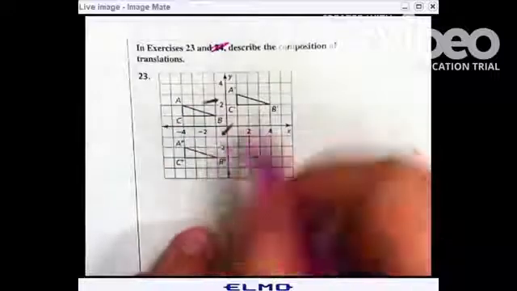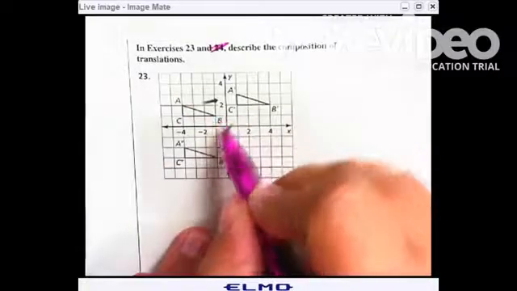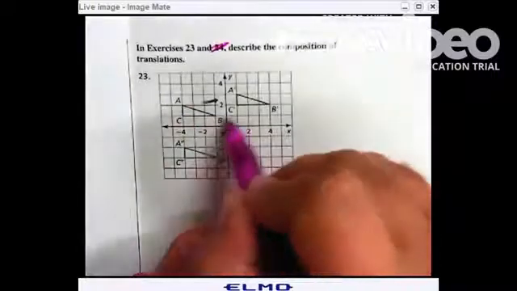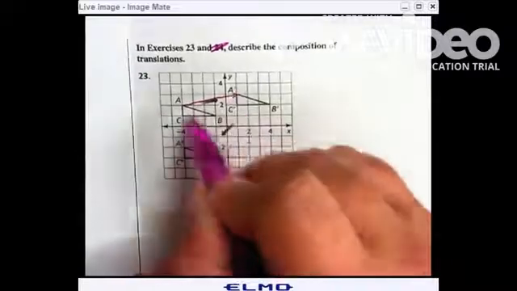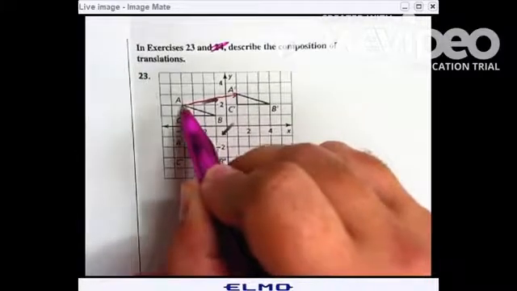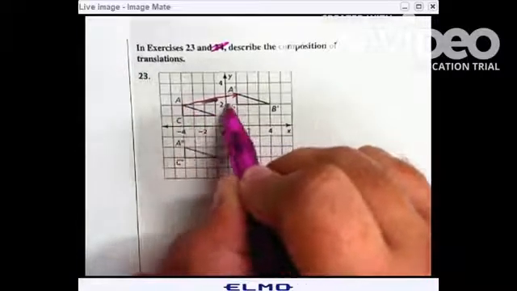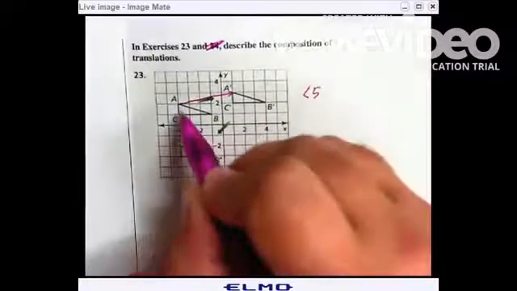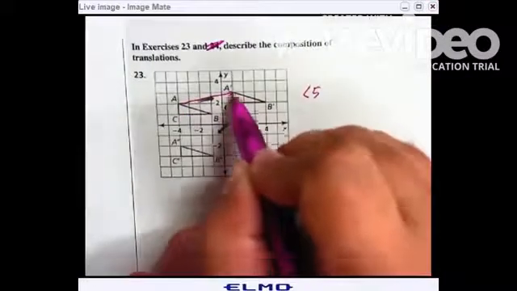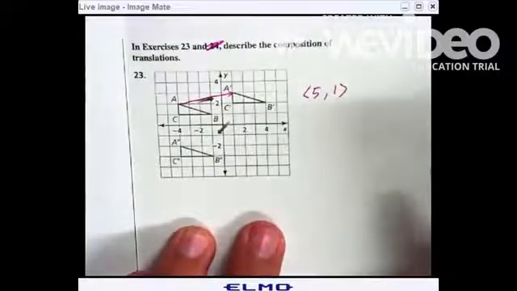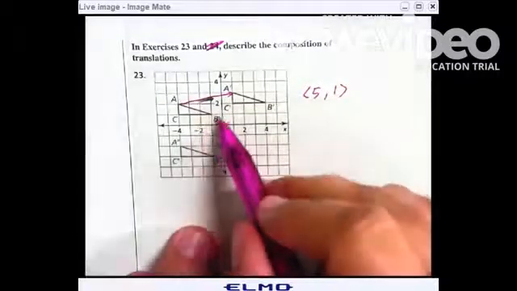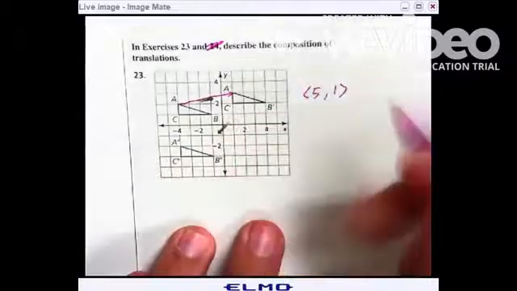So let's take a look at our vectors. I'm just going to use point A. Why not? So my horizontal component is 1, 2, 3, 4, 5. So 5. My vertical component is up 1. All right. And that's true for all of them. 1, 2, 3, 4, 5, up 1.